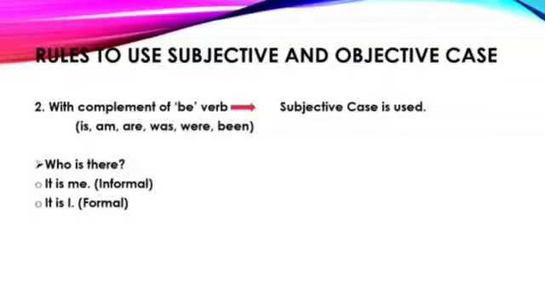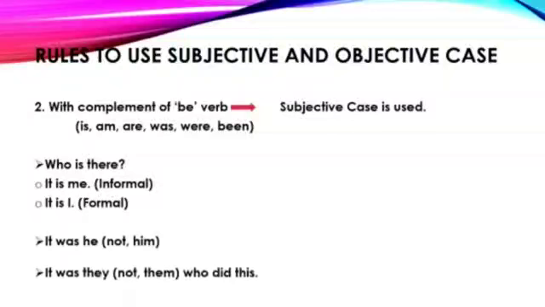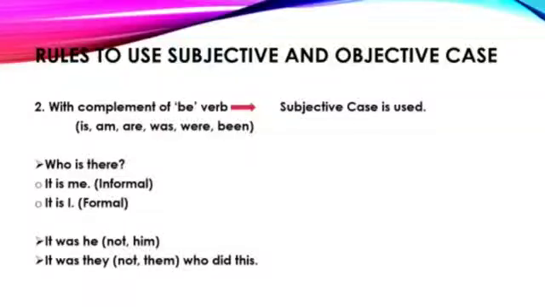So your answer should be, it is I, right? We cannot go for the informal thing. We always go for the formal thing when it comes to writing. Like, it was he, not him. It was they, not them. And, if I were he, not him.